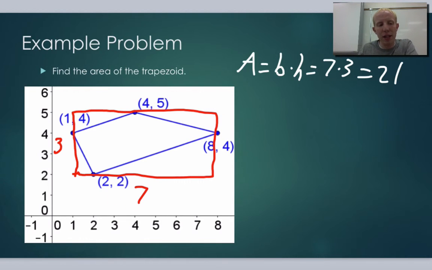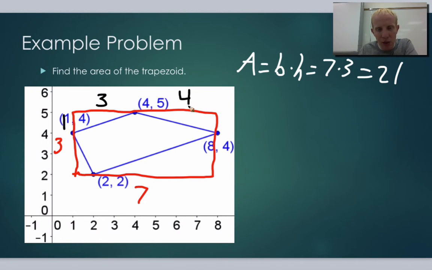So now we just need to minus off the area of those little triangles that we made, and we'll know how much the whole shape is. First we've got to figure out the dimensions of each little triangle. This triangle right here goes up by 1 and goes over from 1 to 4, so it goes over 3. This triangle goes over from 4 to 8.